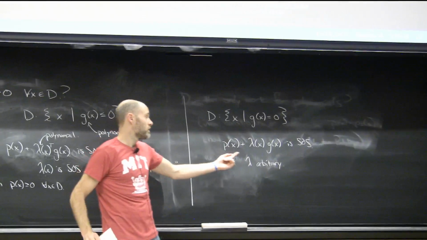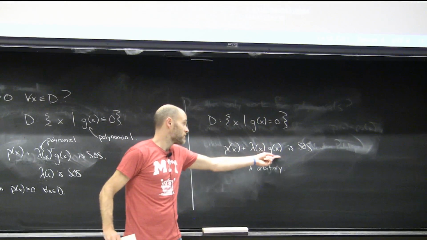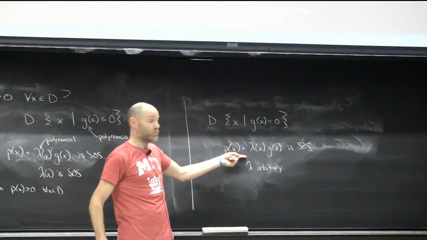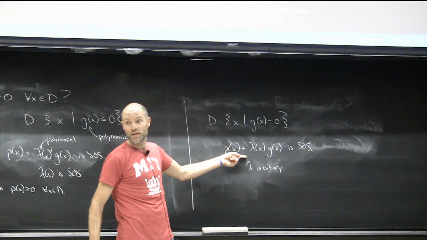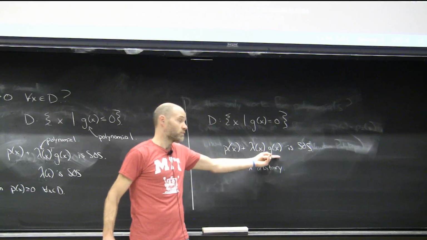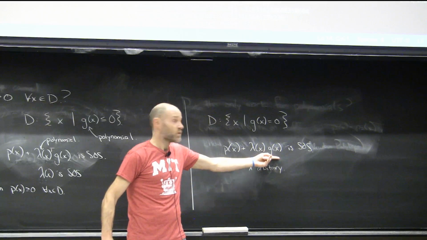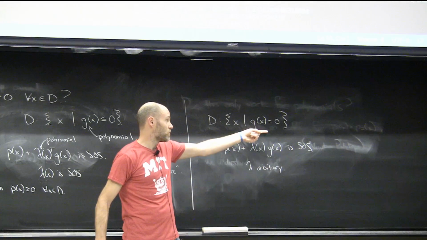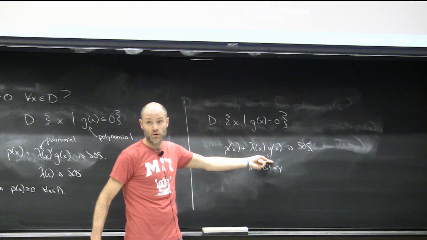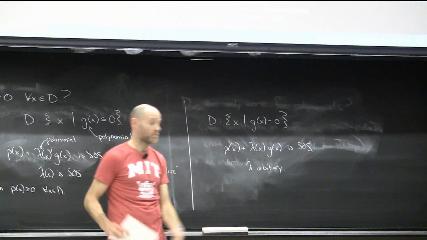Because when g is 0 here, this can do nothing to help me. So p of x really has to be sums of squares on that place where g is 0. But away from 0, this term can help me out. So if I only have to prove that something's true over this manifold, then this is a sufficient condition for proving it. Not necessary, sufficient.